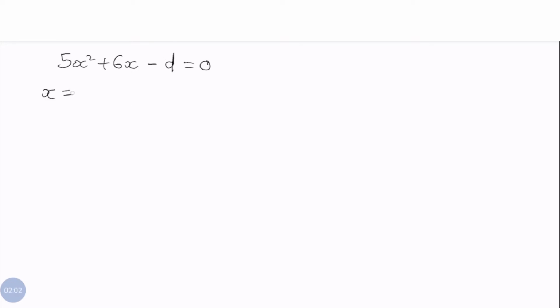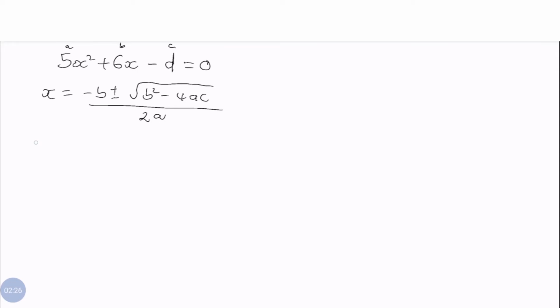x is equal to minus b plus or minus root b squared minus 4ac all over 2a. This is a, this is b, and this is c.